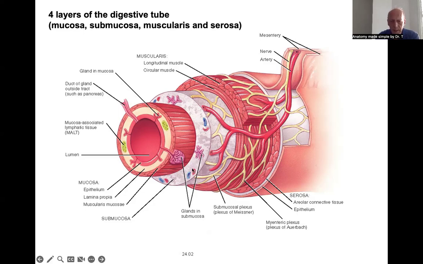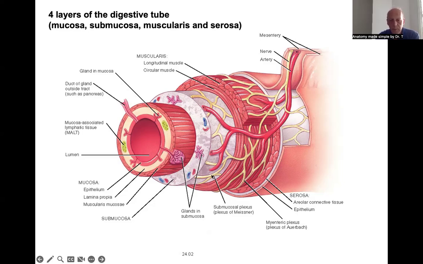Also, you can see the increased presence of blood vessels, both arterioles as well as venules. Arteriole and venule are possibly the best words to use to find them within the submucosa layer. You can also see acini of different glands inside the submucosa, so their secretory ducts are going to go from submucosa through mucosa into lumen.